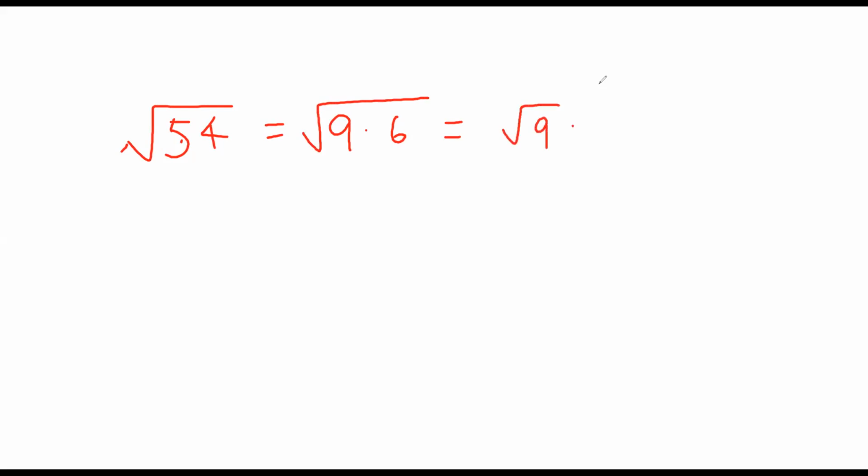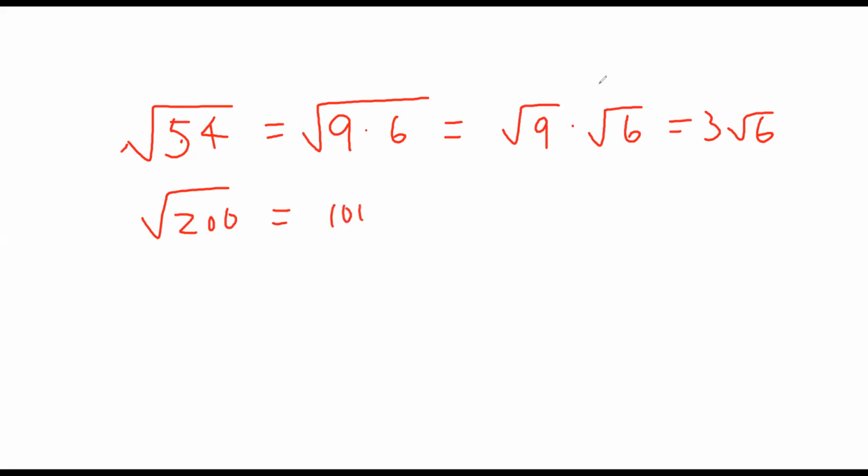Say 54. We talked about this one earlier. Actually, say 27. This one can be 9 times 6, right? So it can be equal to the square root of 9 times the square root of 6, so equal 3 square root 6, right? Something like square root 200.